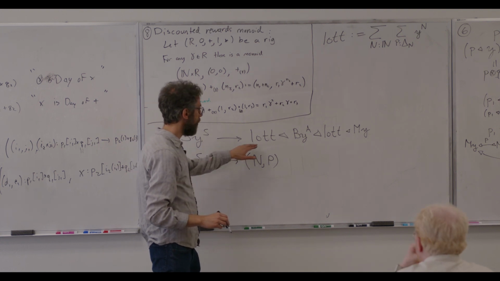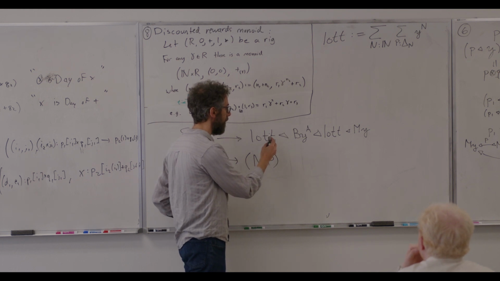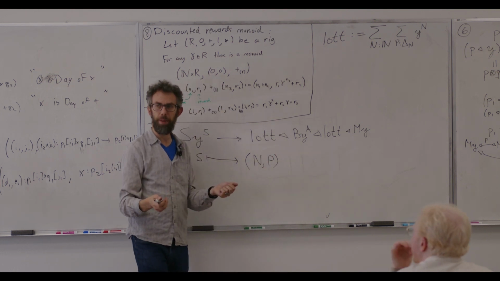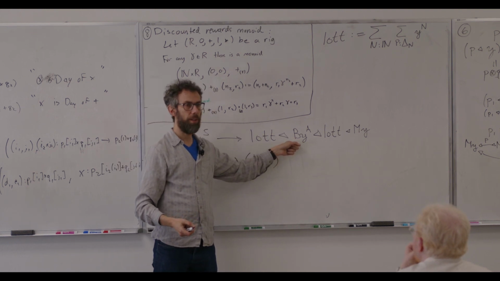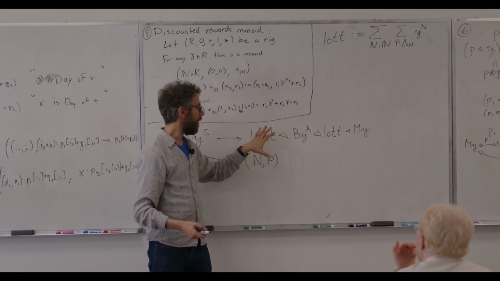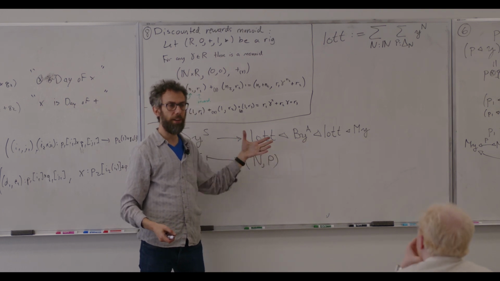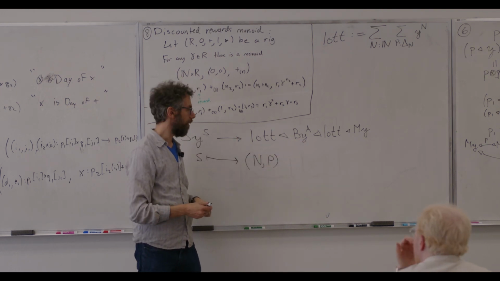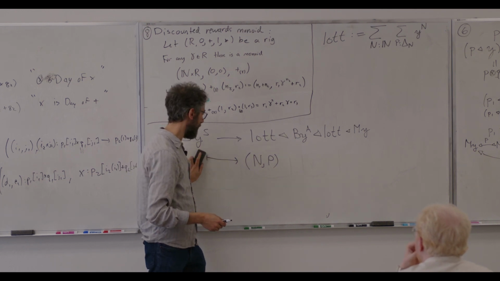Every state goes to a lottery, and given a ticket, so you don't know, you get this lottery, but then once somebody picks a ticket, you get to see an output. Without lot there, you would just for every state get an output. But now you get a lottery on outputs. I'm going to erase this line.